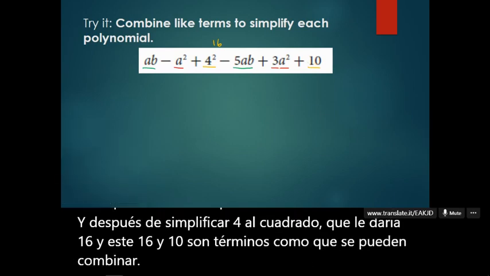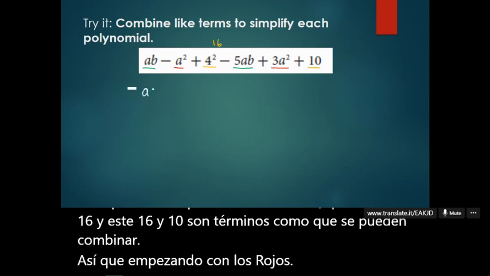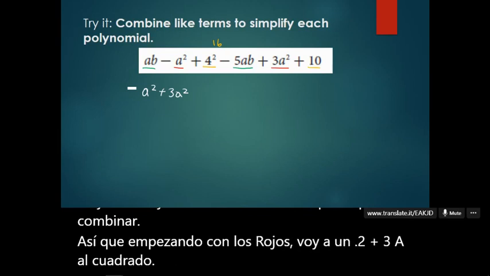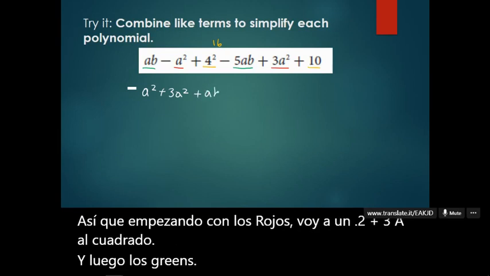And this 16 and 10 are like terms which you can combine. So starting out with the reds, I'm going to add a squared plus 3a squared. And then the greens, plus ab minus 5ab.